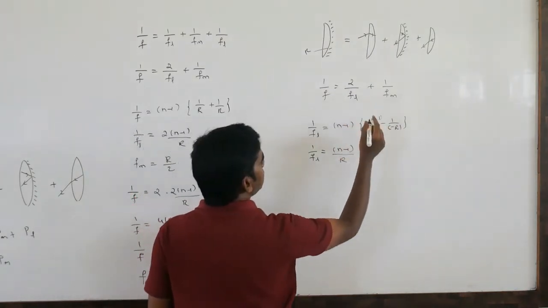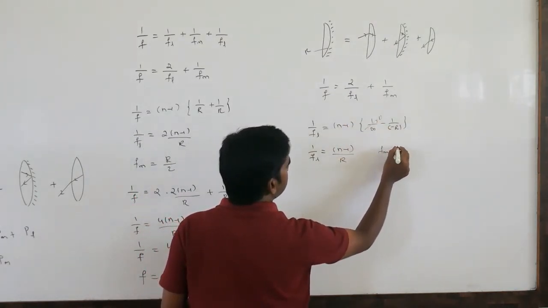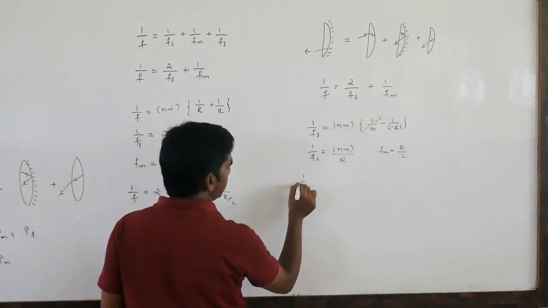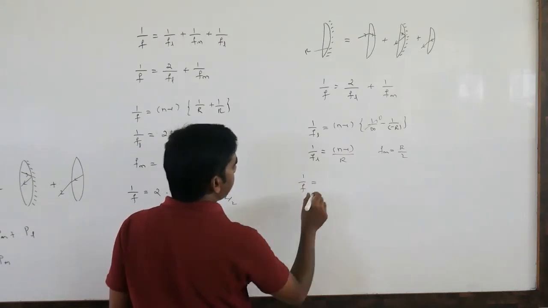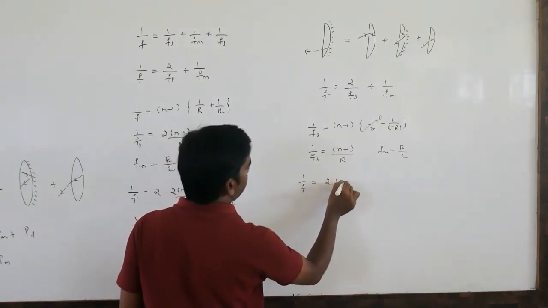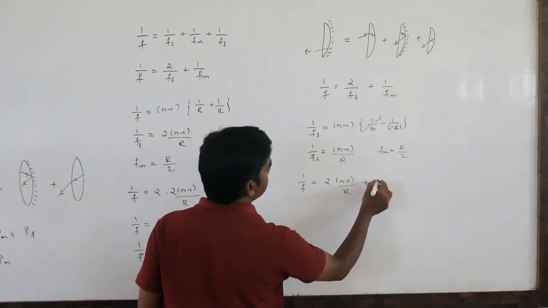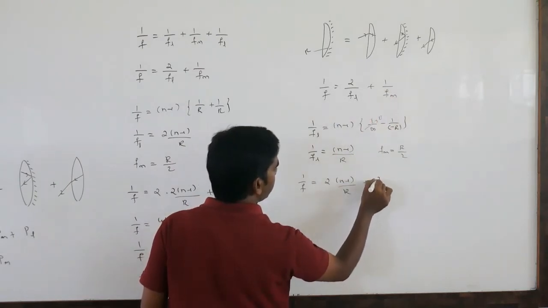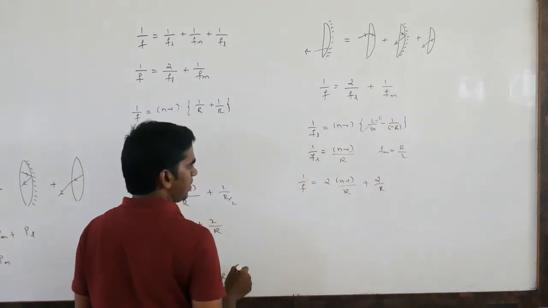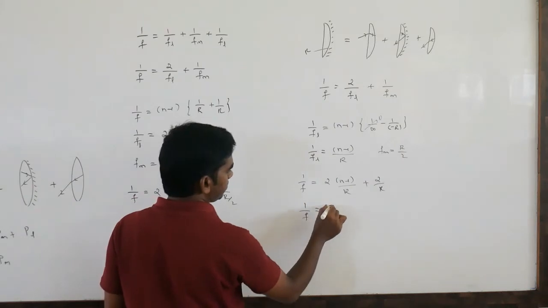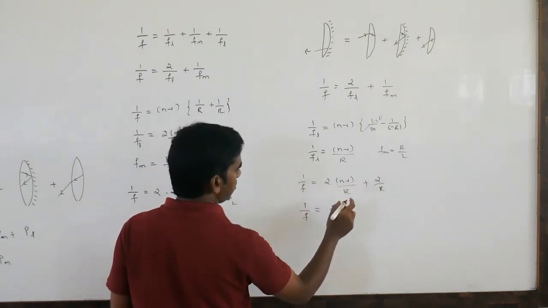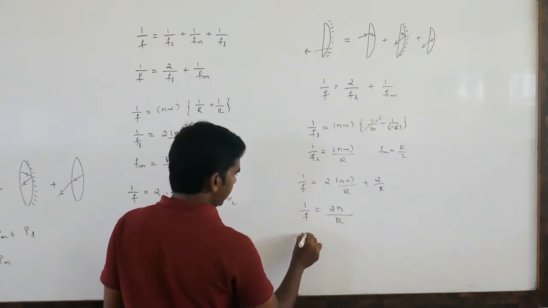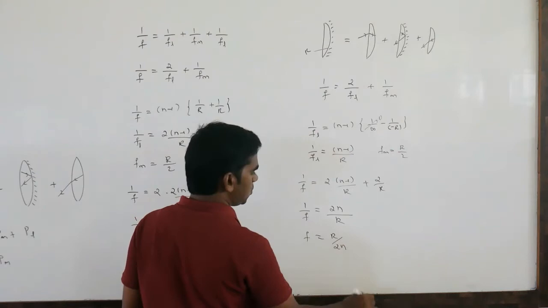As usual, focal length of mirror is r by 2 only. So substitute here again. 1 by f equals 2 times (n minus 1) by r plus, focal length of mirror is r by 2, so this will become 2 by r. So 1 by f equals (2n minus 2 plus 2) divided by r. So you can simply write it as f equals r divided by 2n.